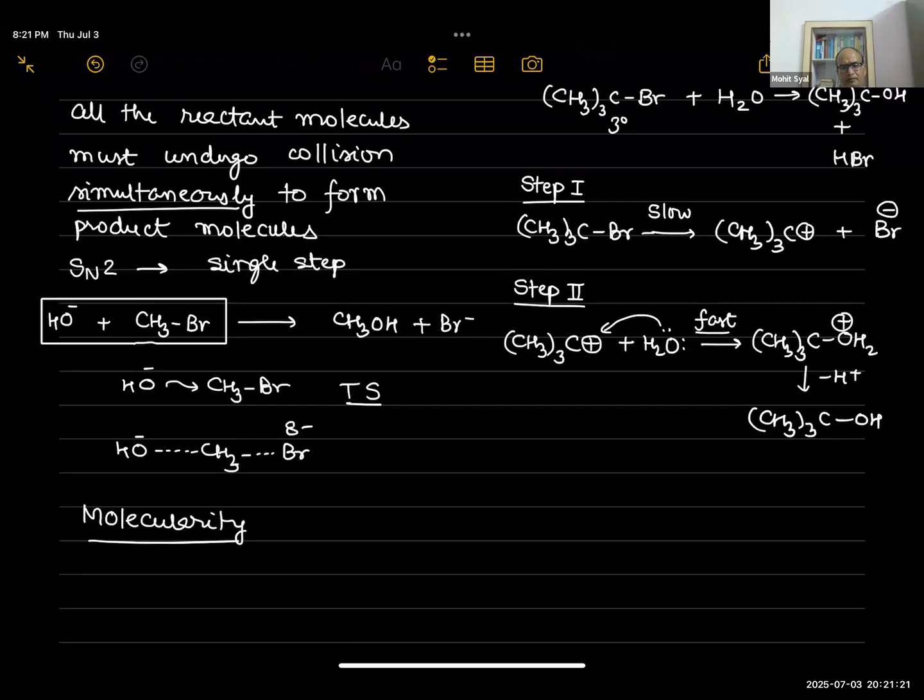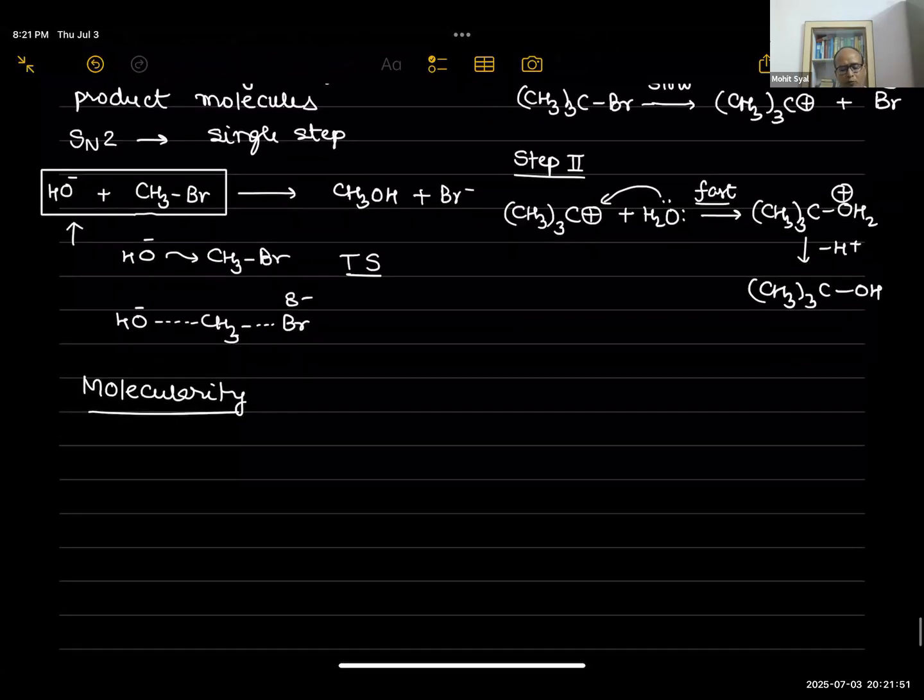In this step, tell me what is the molecularity? What is the definition? Aisha, is it one or two? Two. Exactly. Bimolecular. So molecularity is the number of reactant molecules undergoing collision simultaneously to form the product molecule.